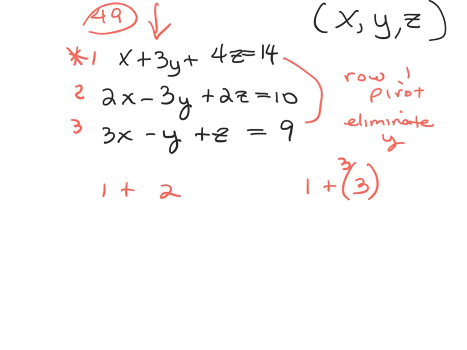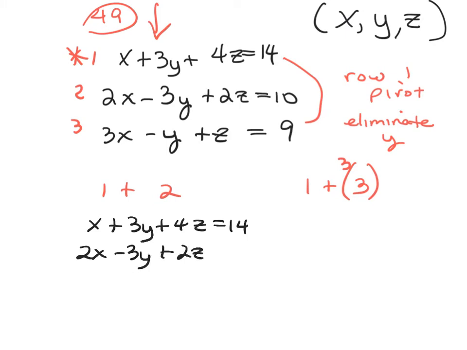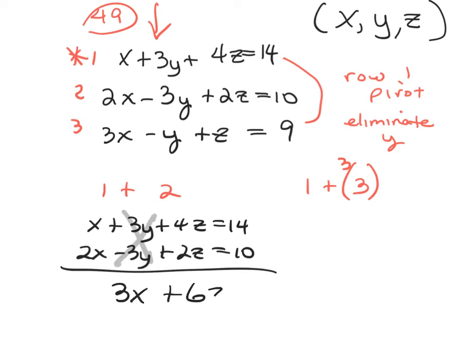So let me go ahead and work on 1 and 2 together. So 1 is 3x plus 4z equals 14. And here's row 2. I'm going to add them. When I add them, the y's cancel out. And then now I'm going to distribute a 3 to row 3.